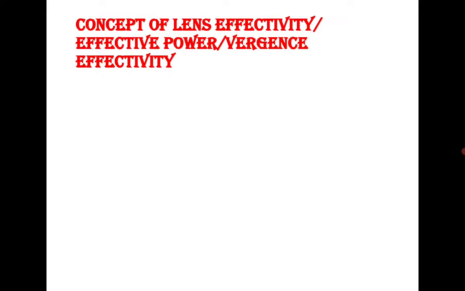So now I'm going to draw a picture and try to explain what subjective refraction actually is, and how we see things clearly when we put our spectacle lens in front of our eyes. Suppose this is our human eye, which is hyperopic, and its far point always lies behind, as you know.